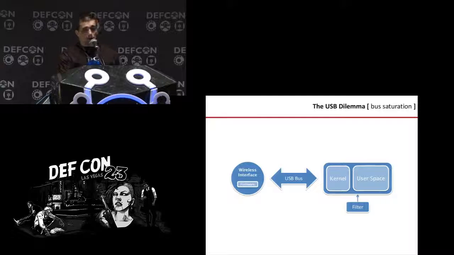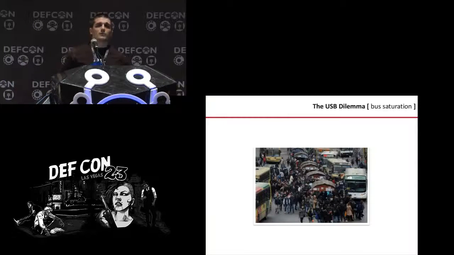So as I was saying before, the filter is only applied in the kernel, okay? It's not applied on the wireless interface. So we end up having a couple of buses with a lot of people trying to get onto the buses and go to the kernel, and we end up with something like this, okay? Something really bad. We're not going to be able to send all the people on those buses.